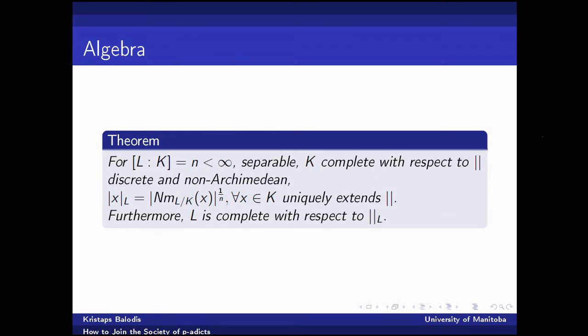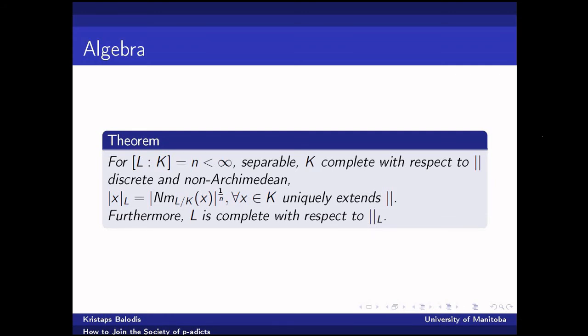So now we're finally going to turn things back around and look at just a little bit of the algebraic number theory that comes into the mix here. So suppose I had some finite extension L of a field K, which was also separable, and that K is already complete with respect to a discrete and non-Archimedean absolute value.